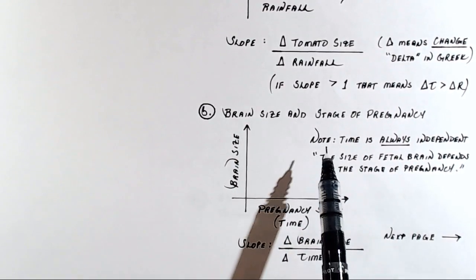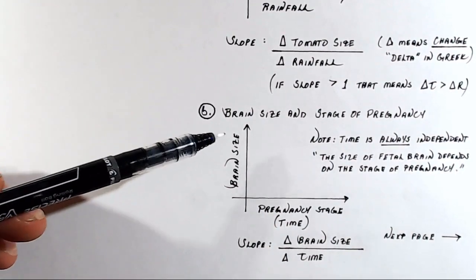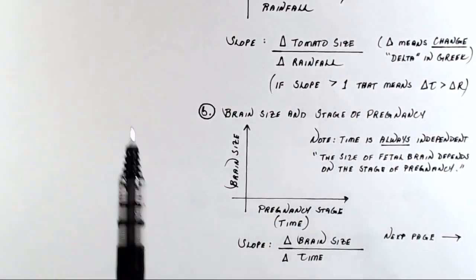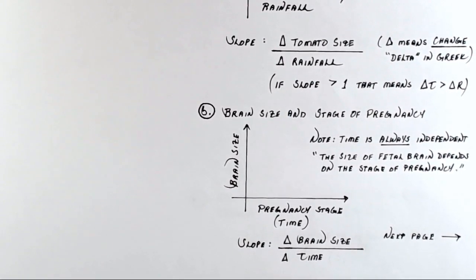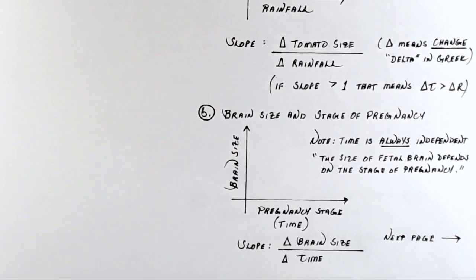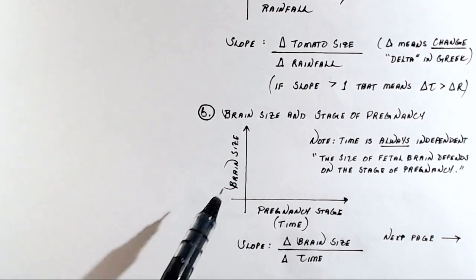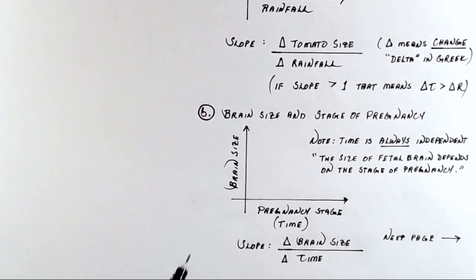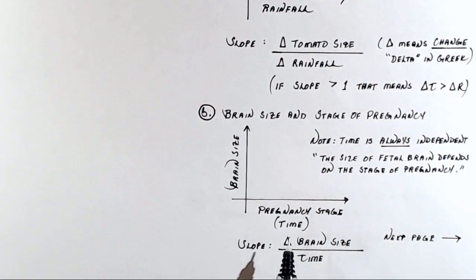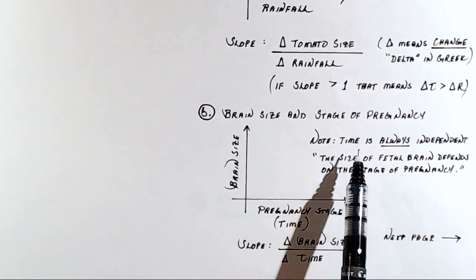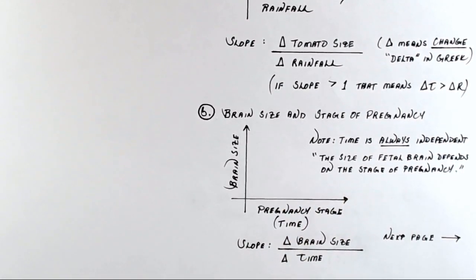We would say here that the brain size depends upon the pregnancy stage. Pretty simple. When the developing fetus is very small, its brain is very small. Over time, that baby will grow and its brain size will get bigger. So we say the brain size depends upon the pregnancy stage, which is just another way of saying time, and time is always independent.